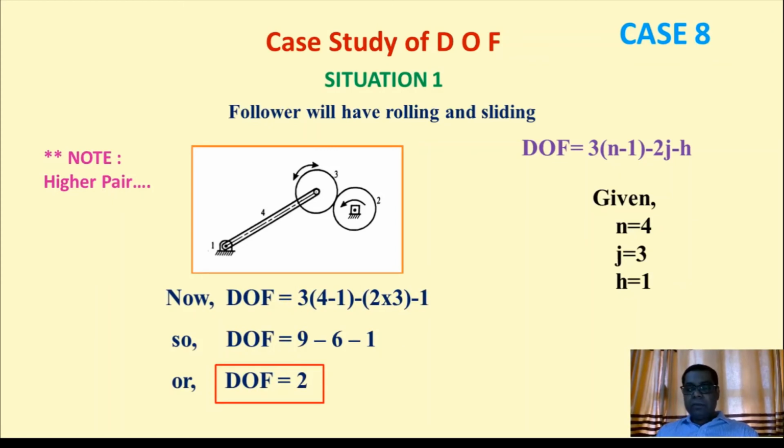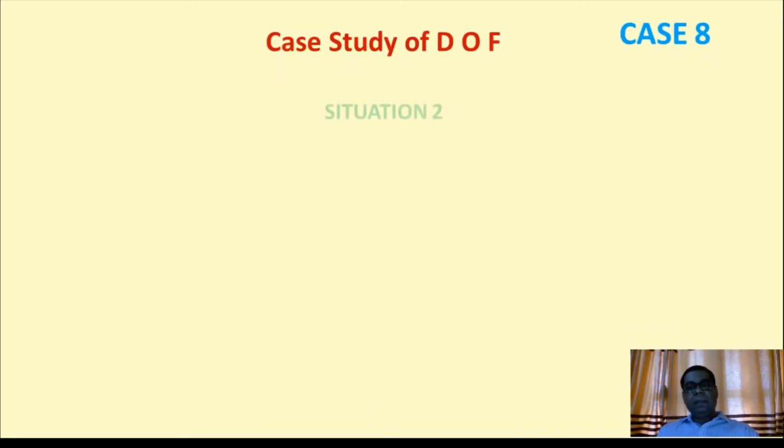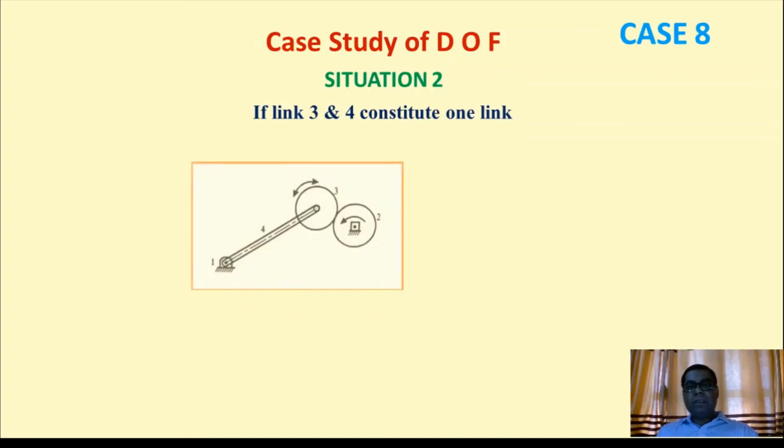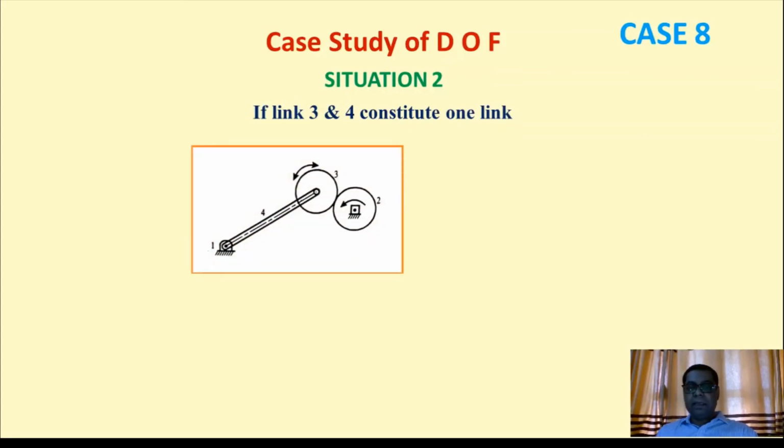If you have understood this, then it's okay. Otherwise you roll back and go through this video once again to understand what actually is going on, because situation 2 will be different in case number 8. In situation 2, if links 3 and 4 constitute one link, that is there is no rotary motion of link number 3, if that phenomenon is going on, still it is considered as a higher pair.